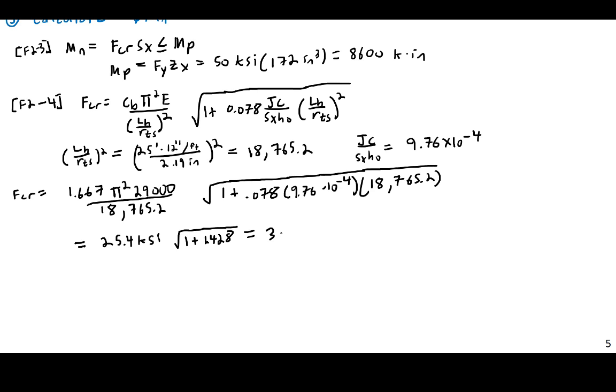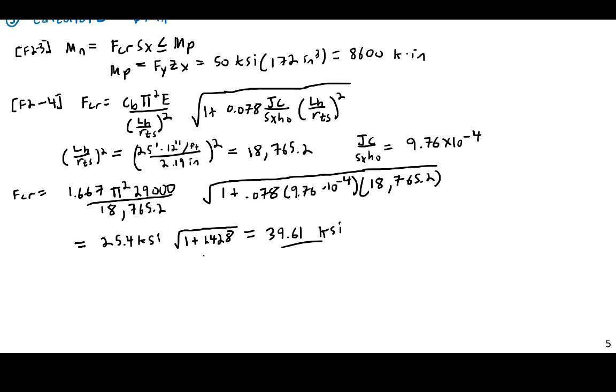When this is all said and done, I get that F critical, or FCR, is 39.61. I shouldn't probably call it F critical. I have to review what CR stands for, but anyway, FCR is going to be 39.61 KSI.